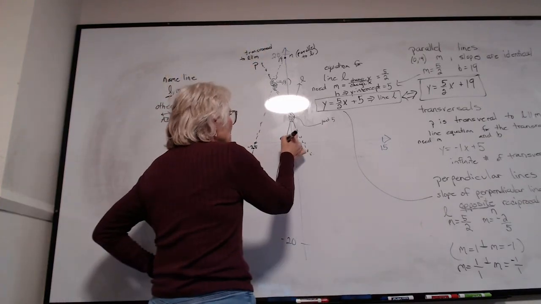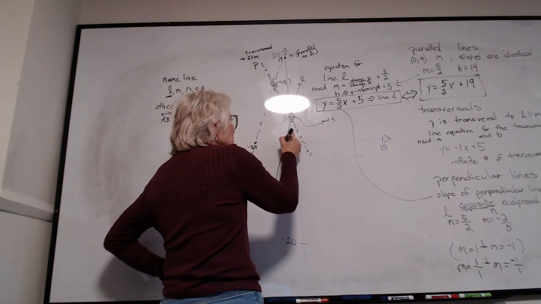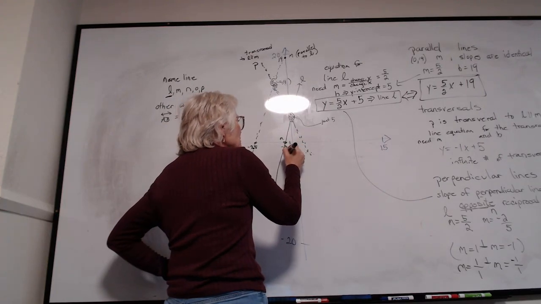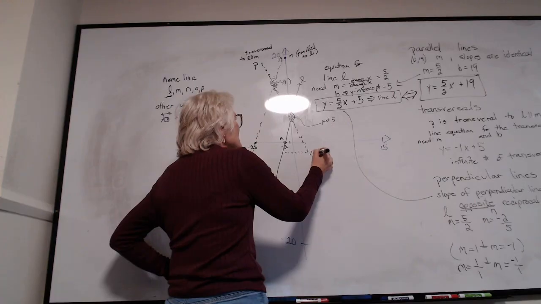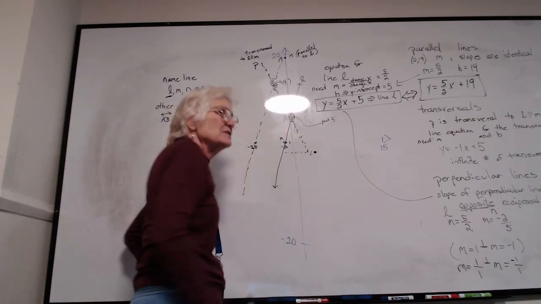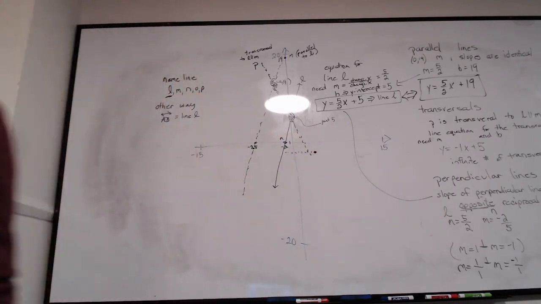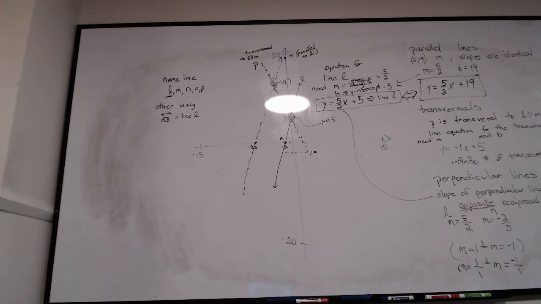So count down 2 from here. So we're using this, down 2 and over 5. Get that point, then draw a line between these points. It should be perpendicular. So from here, we're going to go down 2 and over 5.